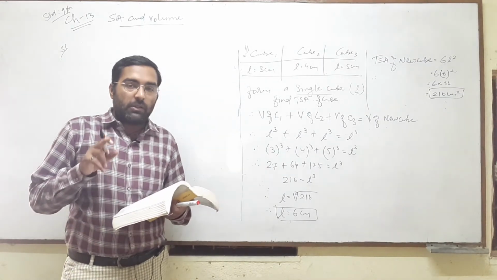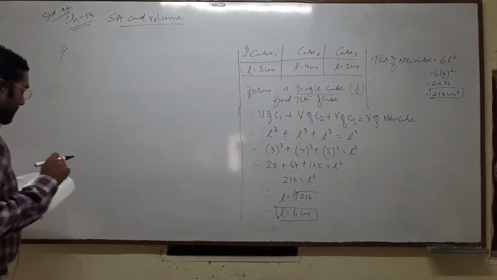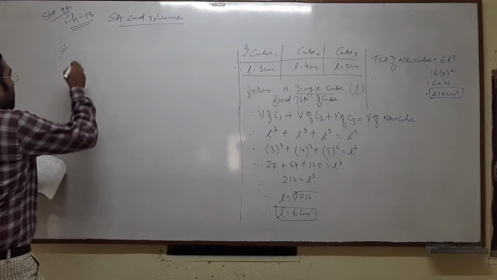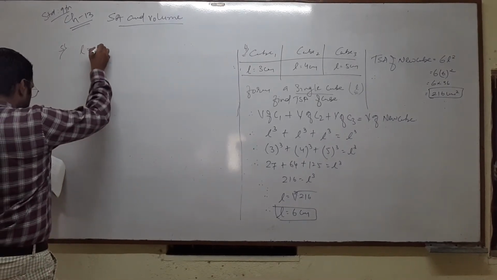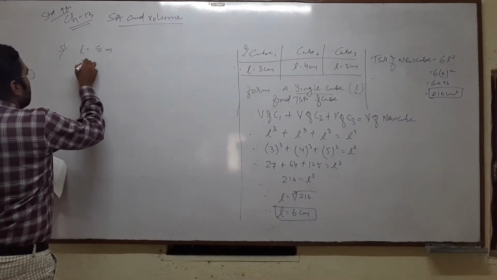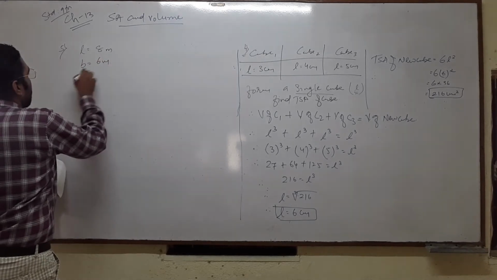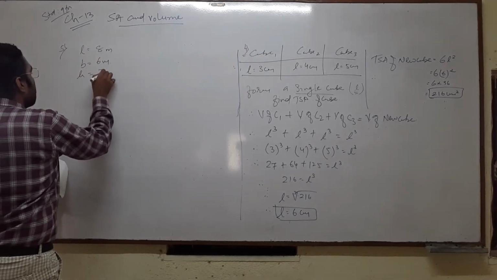8 meter, 6 meter and 3 meter. 8 meter into 6 meter into 3 meter. So my length is 8 meter, breadth is 6 meter and height is 3 meter.